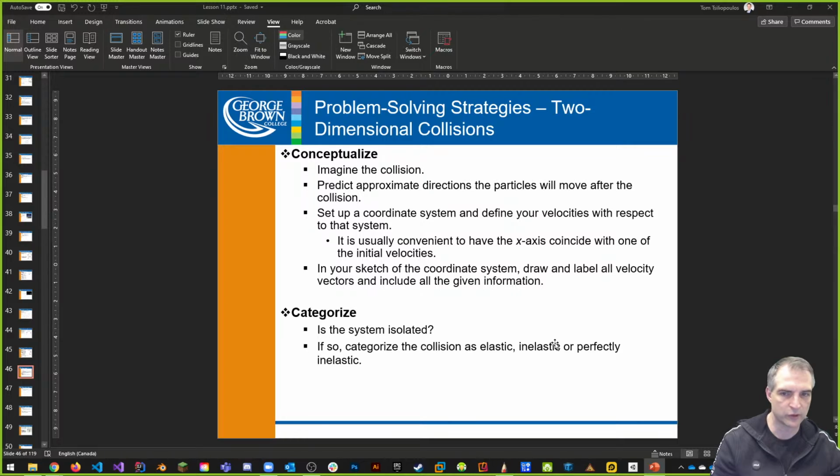So we conceptualize. We imagine the collision. We predict the approximate direction the particles will be moving after the collision. We draw it out. We set up a coordinate system and define the velocities with respect to the system, right? Then we categorize it: is the system isolated or not? And if so, we categorize the collision as elastic, inelastic, or perfectly inelastic. Those three options.